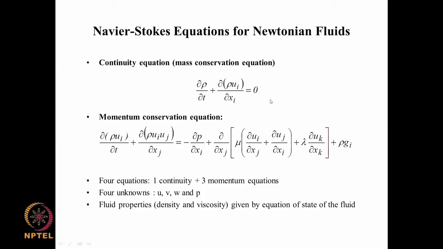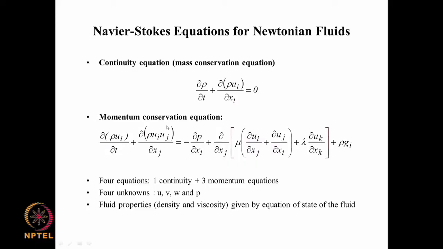We have the continuity equation, or the mass conservation equation, which is ∂ρ/∂t plus ∂/∂x_i of ρu_i equal to 0, and the linear momentum conservation equation with the angular momentum thrown in, and the Newtonian fluid assumptions thrown in, that is, the relation between stress and deformation strain rate is linear and the medium is isotropic.